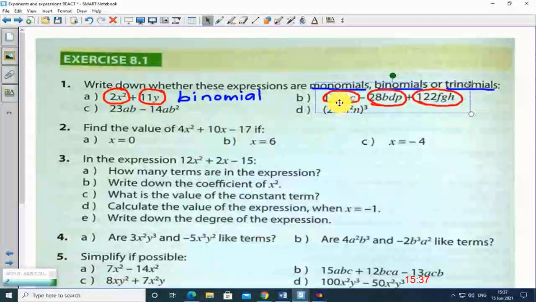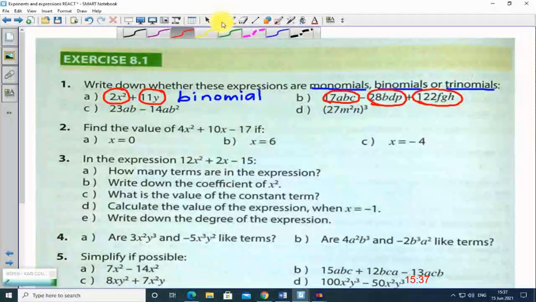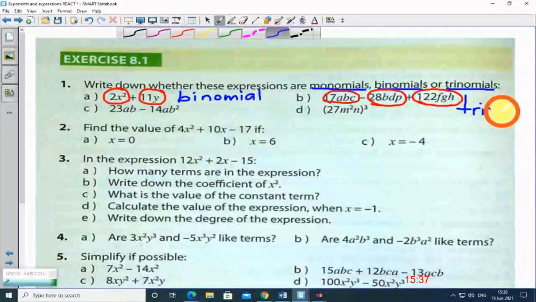See, the algebra in each one is totally different. But the terms are separated by plus and minus signs. And so here we have three terms. So we'll call that a trinomial. Okay, right here, trinomial.